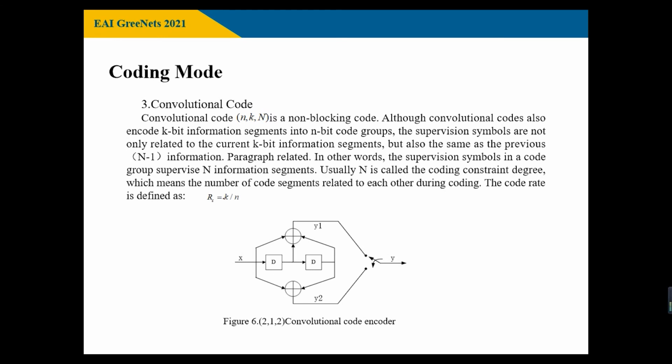Convolutional code (n, k, N) is a non-block code, although convolutional codes also encode k-bit information segments into n-bit code groups. The supervision symbols are not only related to the current k-bit information segments, but also to the previous N information segments.